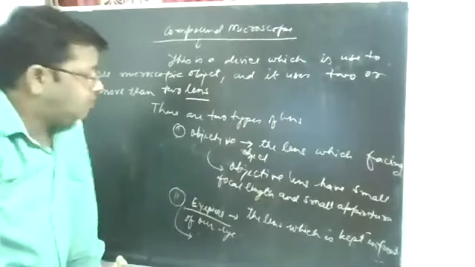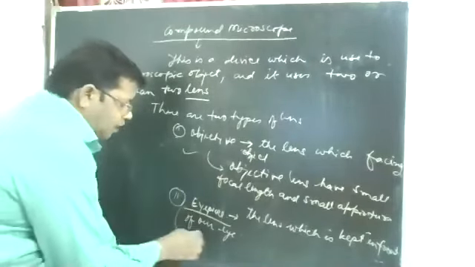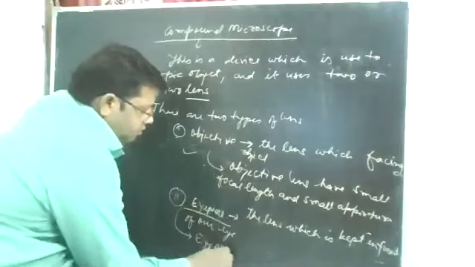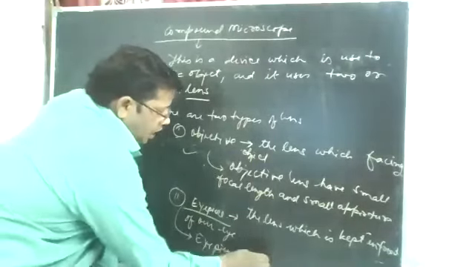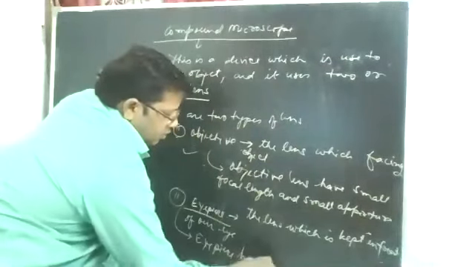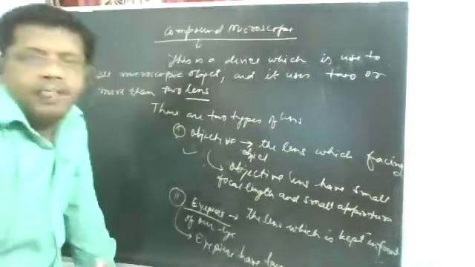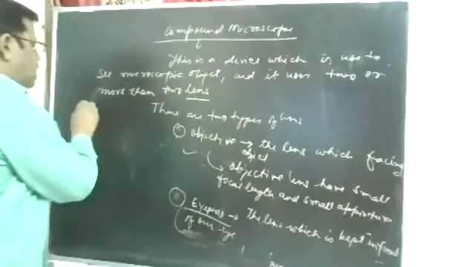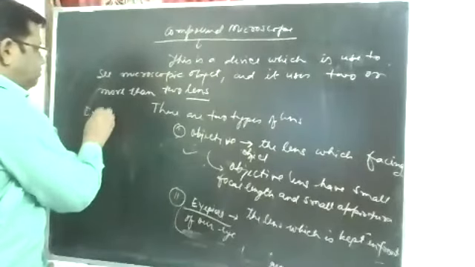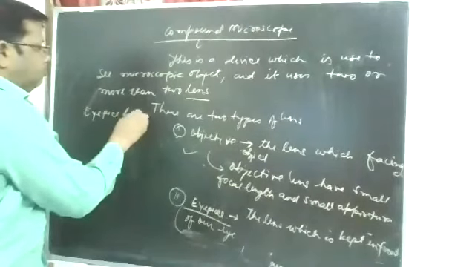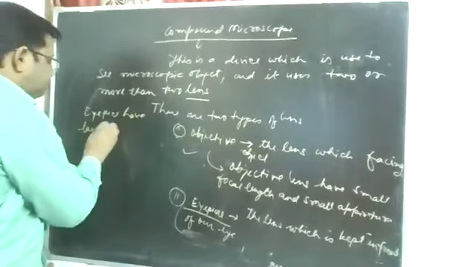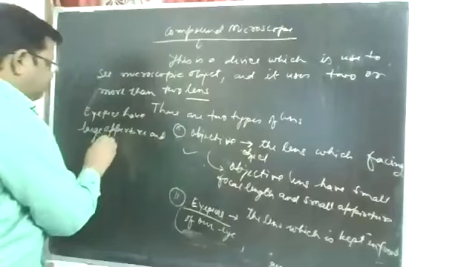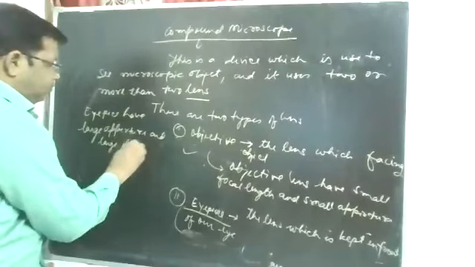So in comparison to the objective lens, the eyepiece has a large aperture and large focal length.